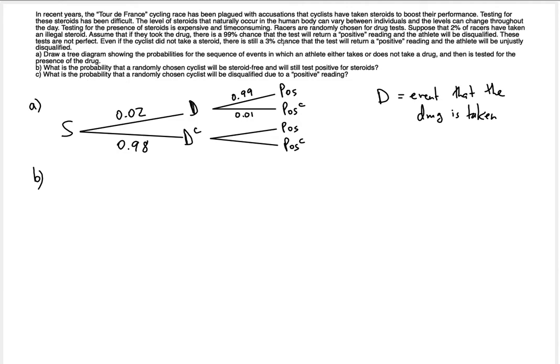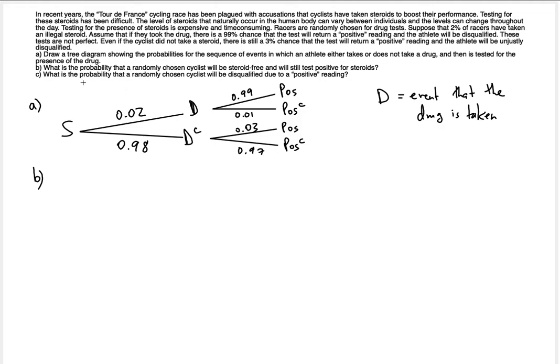So 3% expressed as a decimal is 3 divided by 100, so 0.03. And 1 minus that will be the complement, scoring negative if you did not take the illegal drug. So 1 minus 0.03 is 0.97. Now that we got that done, we have all the numbers that we need.